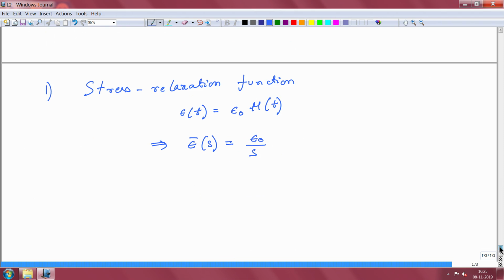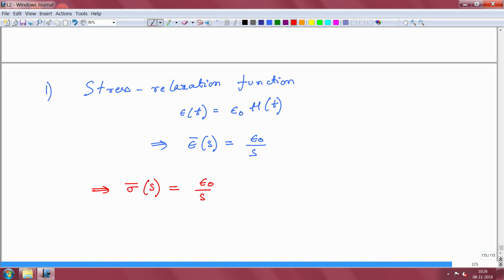So then once you apply this to the previous expression, your Laplacian of the stress function looks something like this.